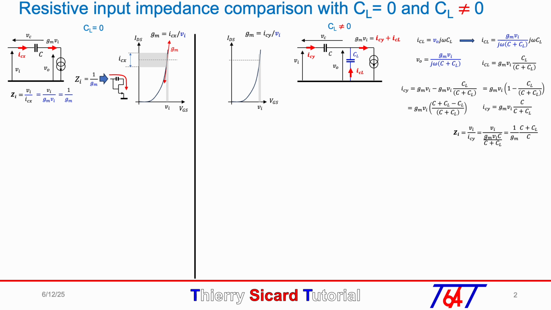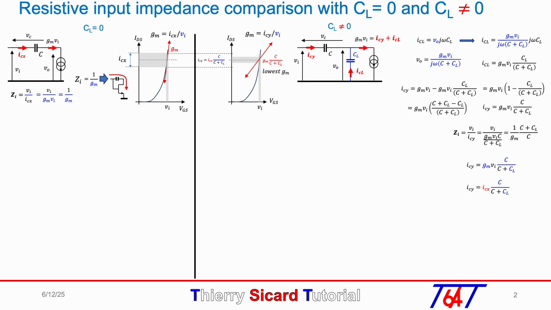But as ICY equals Gm times Vin times a factor of C over C plus CL, to compare with CL equals 0, we can replace Gm Vi by ICX. Then we will see that for the same Vin small signal variation, ICY is smaller than ICX, so the transconductance Gm is lower, shown by the lower slope of the red arrow.